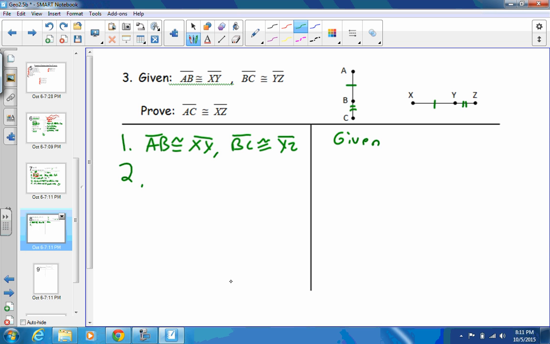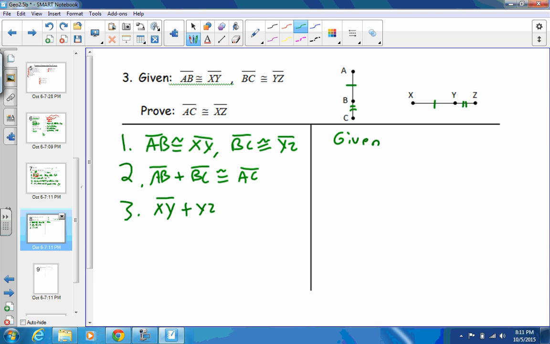So, well, we have segment AB plus segment BC be congruent to segment AC, and segment XY, and I'm not sure yet if I can use this, but this is something that we know.